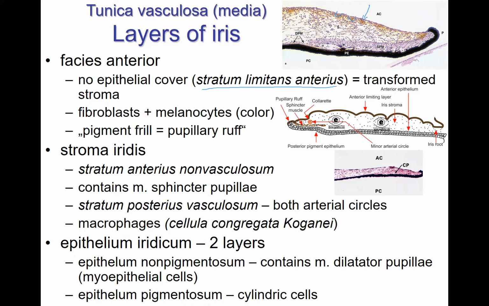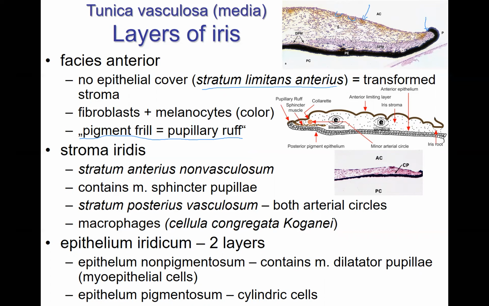So the aqueous humor is absorbed not only into veins, but to a small extent into the vessels of the iris. Then the termination of the pigmented epithelium is called the pigment frill or pupillary ruff. There is no Latin name for this, and it can also be visible if you look into the eyes.